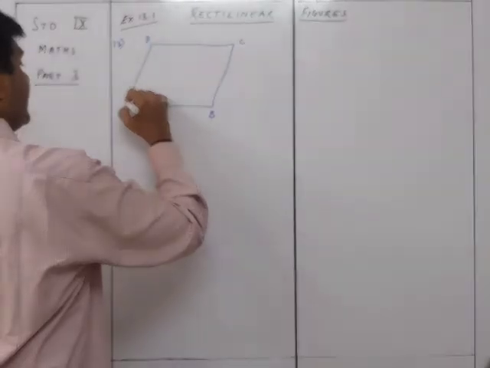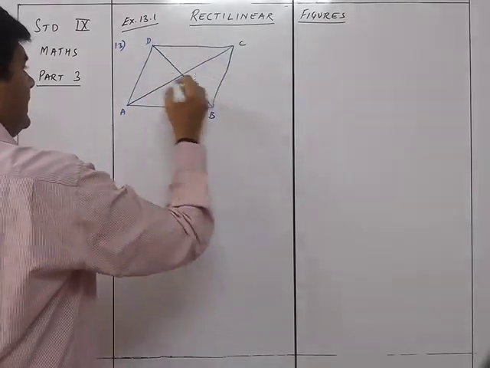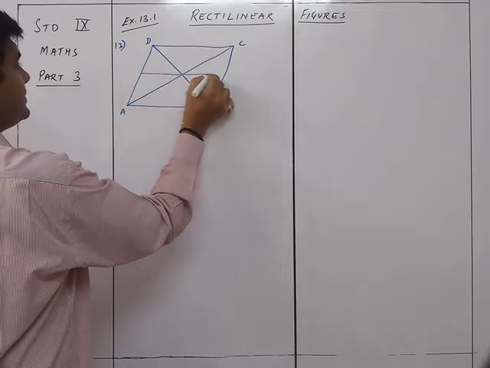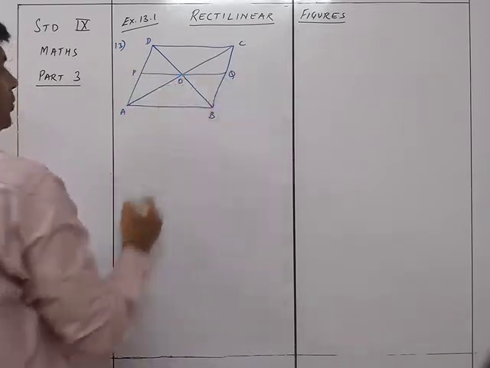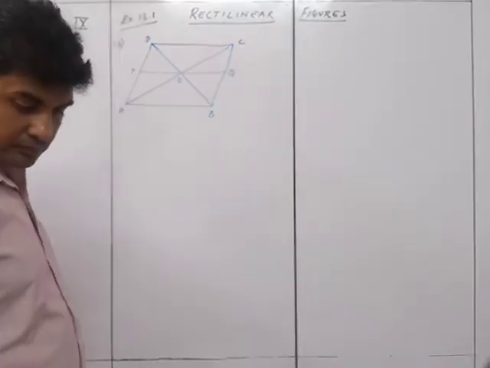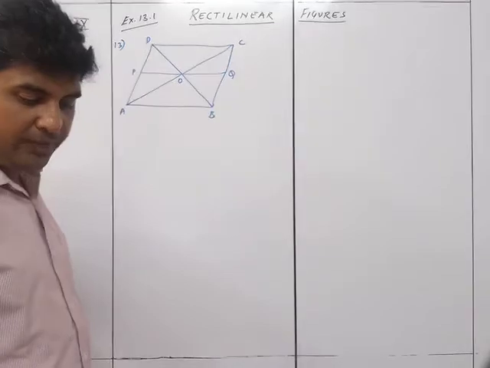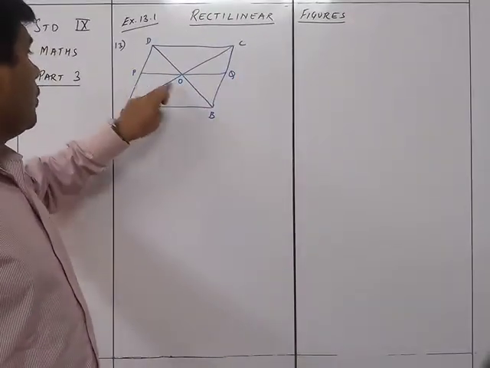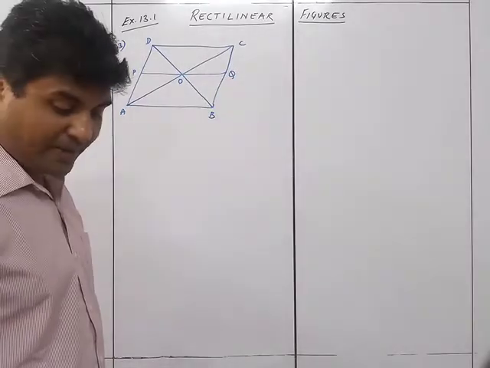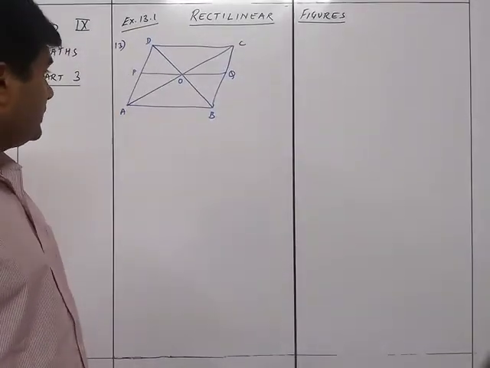So here you've got diagonal AC and diagonal BD, and you've got a line over here which is going to be P and Q. It is point O here. Show that PQ is bisected at O. So you need to prove that OP is equal to OQ. Means PQ is bisected by O is what we need to prove over here.